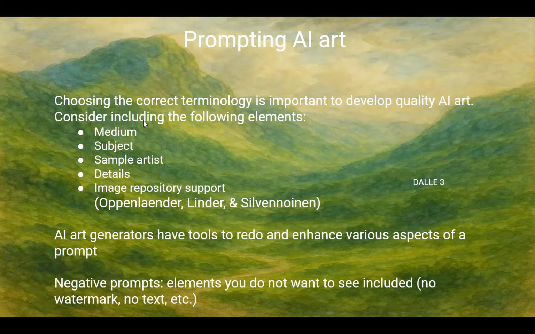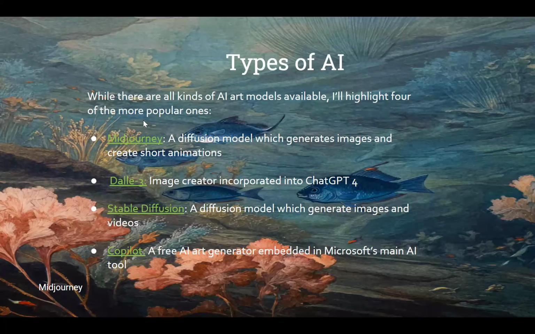Next slide. So types of AI tools. There are all kinds of AI art models available out there. I've just been playing around and working with four of the more popular ones. One that I've either seen referenced in some of the research journals I've been reading or have seen used in real life. So we're going to go ahead and start with Midjourney.